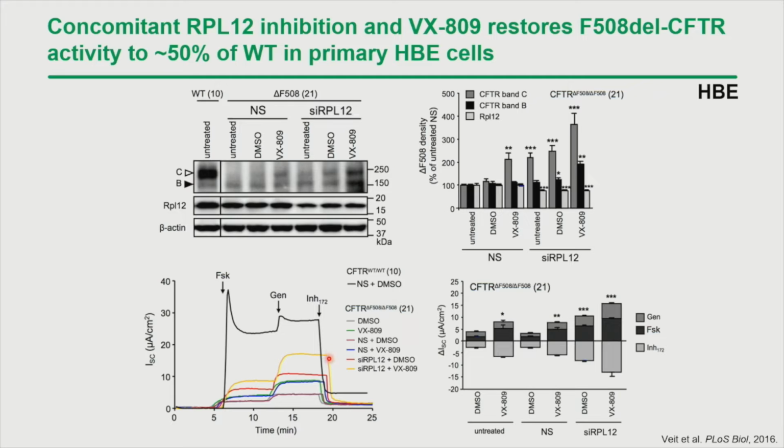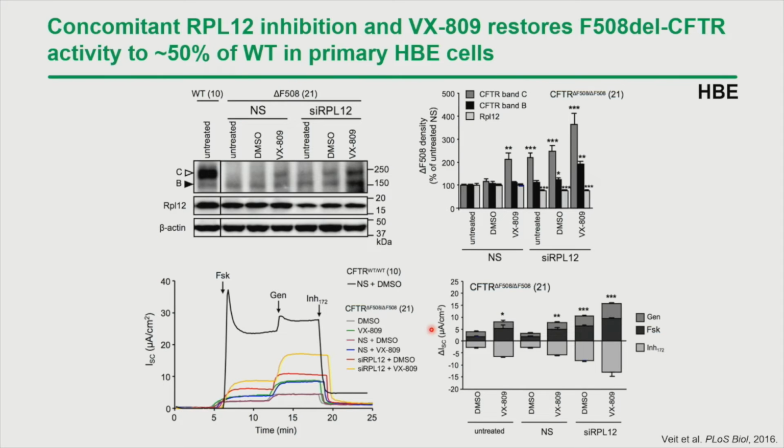And so I would just like to highlight that the knockdown of RPL12 seemed to rescue delta F transepithelial ion transport to about the same degree as what we saw with the correctors, but the combination restored delta F activity up to approximately 50% of wild type. So again, with this audience, I don't think I need to highlight that that is proposed to be clinically meaningful, being that it's above the 30% threshold that most people would suggest is what's needed to confer a benefit to patients.